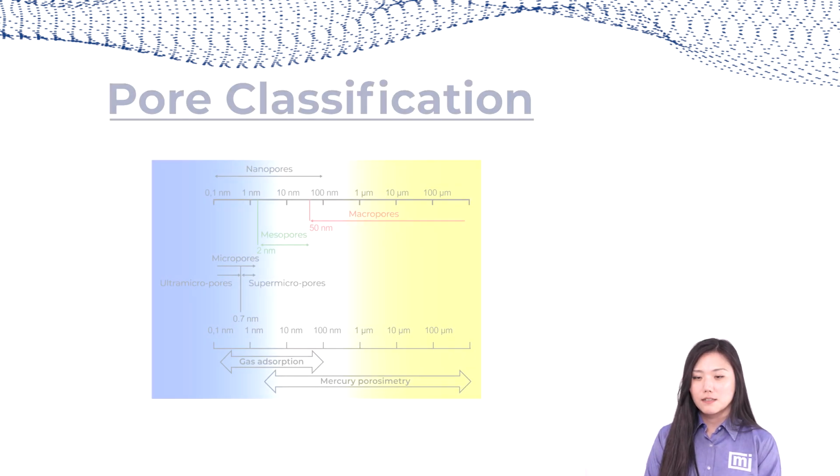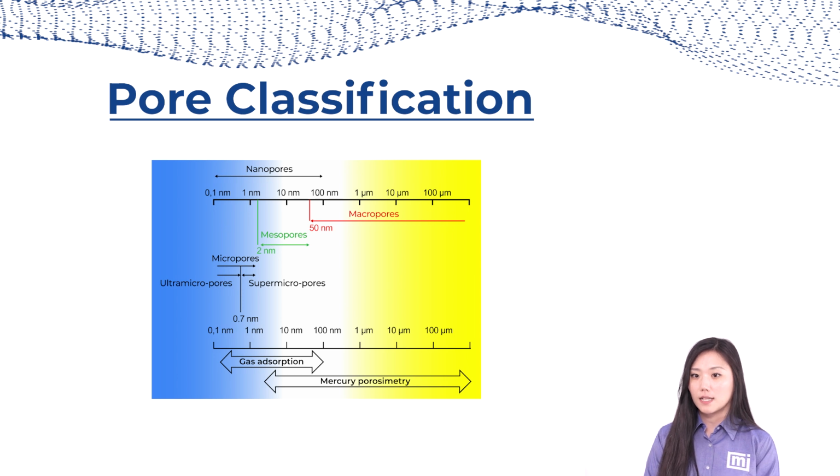Here's a chart that nicely summarizes the pore classification. When we say nanopores, it's any pores that are less than 100 nanometers in diameter. The micropores are any pores smaller than 2 nanometers in size. Mesopores range from 2 nanometers to 50 nanometers.